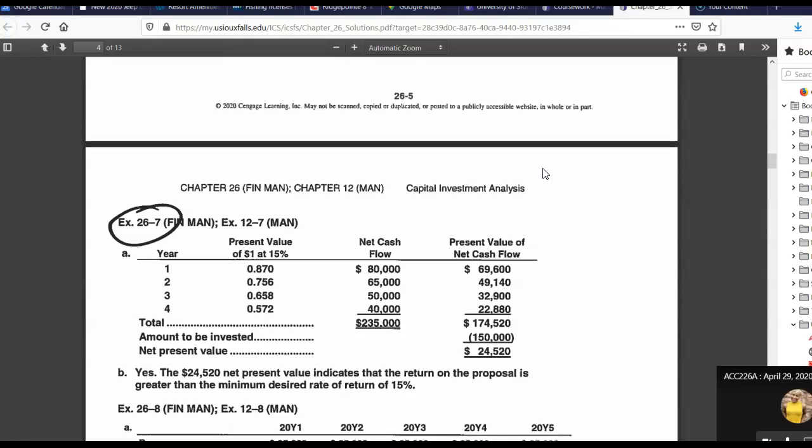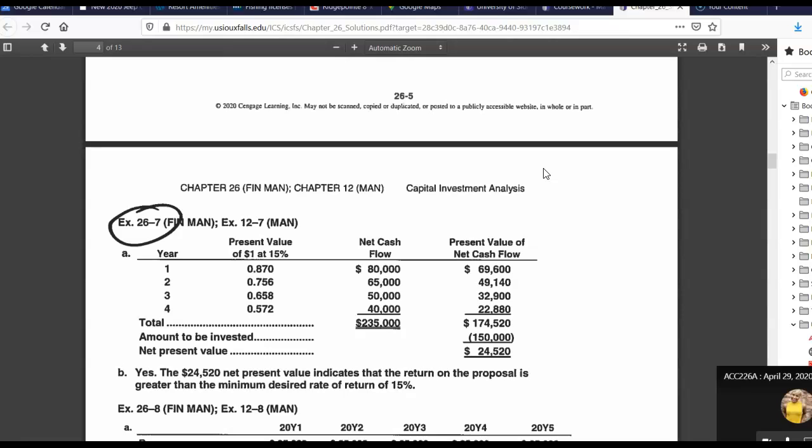Okay. Number 7 is the first one on net present value. It's pretty straightforward if you set it up this way every time, so be consistent. Number 7 says the following data are accumulated by this company in evaluating the purchase of $150,000 worth of equipment. Notice what they do there in the book.